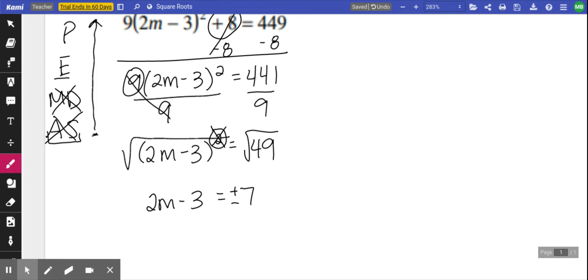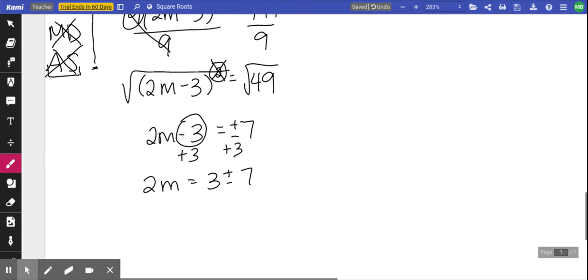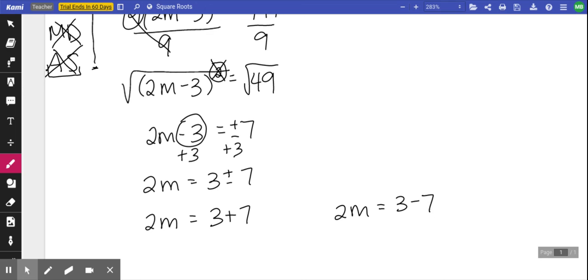We want to get rid of addition or subtraction first. So I'm going to get rid of this minus 3 by adding 3 to both sides of the equal sign. That gives me 2m is equal to 3 plus or minus 7. In other words, 2m is equal to 3 plus 7, and 2m is equal to 3 minus 7.